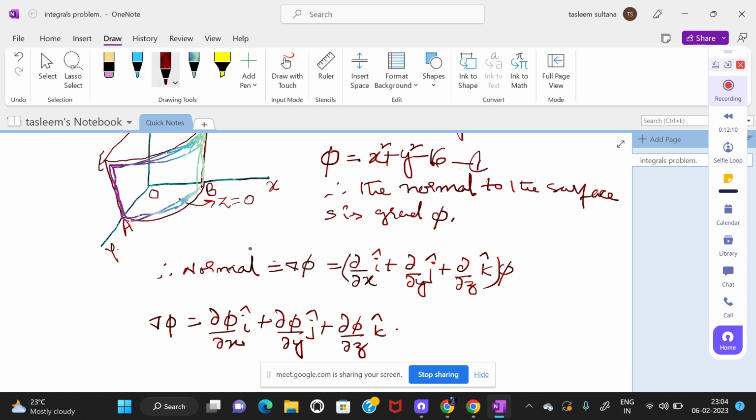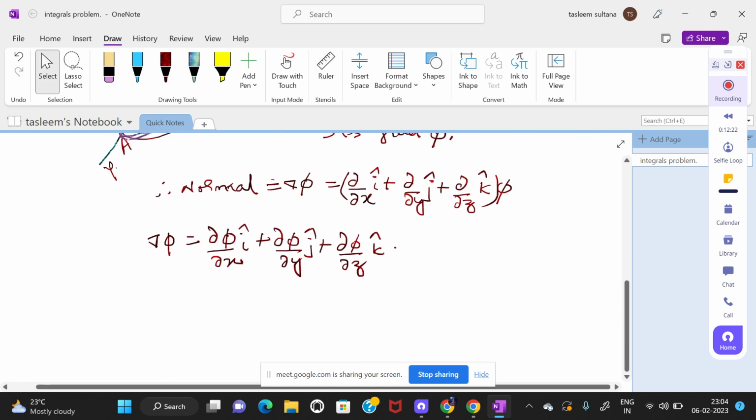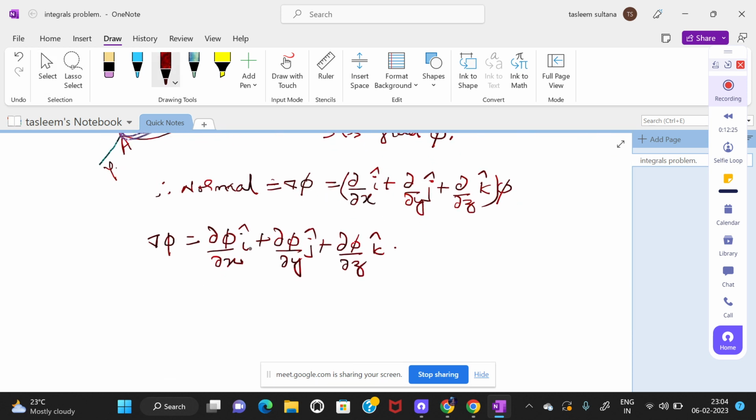So we are going to differentiate this equation. We will mark this as equation number 1, with respect to x, with respect to y and with respect to z. So we are going to get the value of nabla phi, that is the normal. With respect to x, what you get is 2x into i vector, plus 2y into j vector, where we are not having any z term, so it is 0 into k vector.